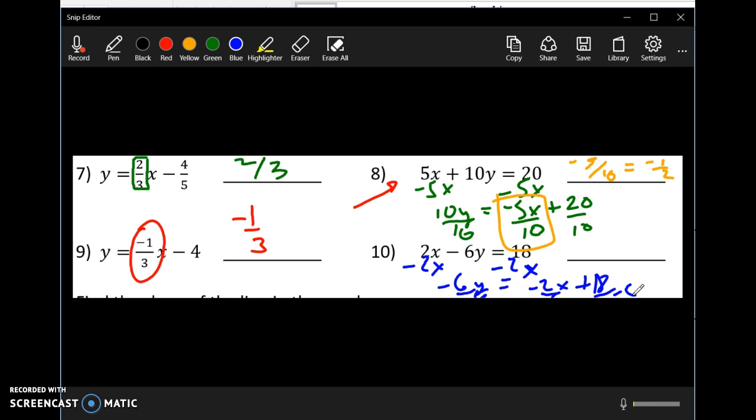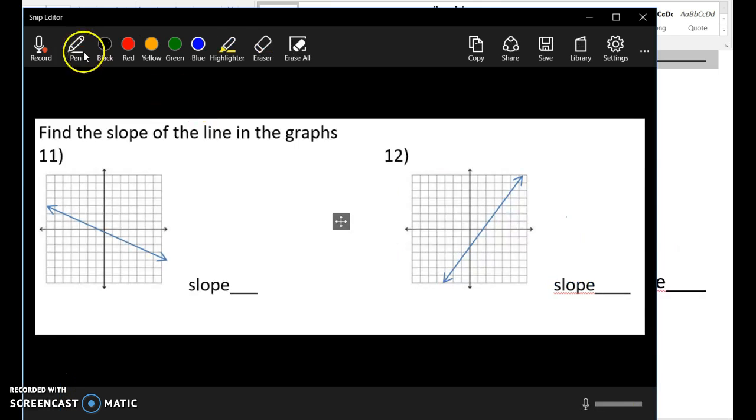And again, because this is a slope, you get -2 over 6, which you could reduce to -1 over 3. Okay. So again, the big thing for these problems is, if it's in slope-intercept form, you obviously already know what the slope is. If it's not, you have to convert it to the right form so that you can use it.